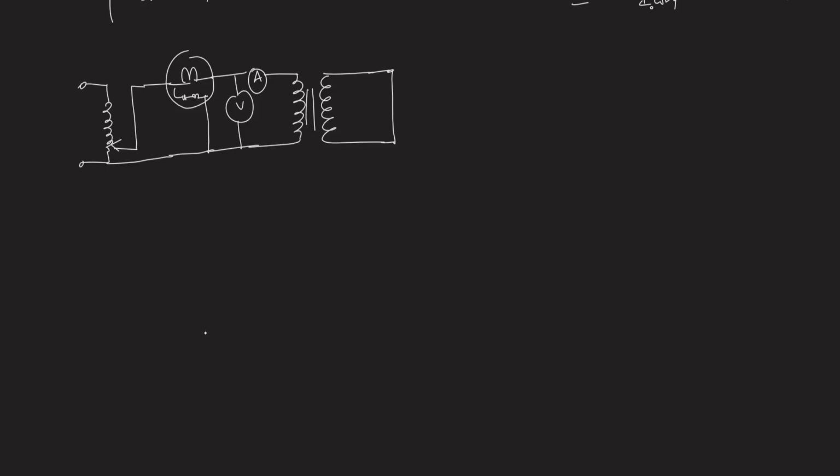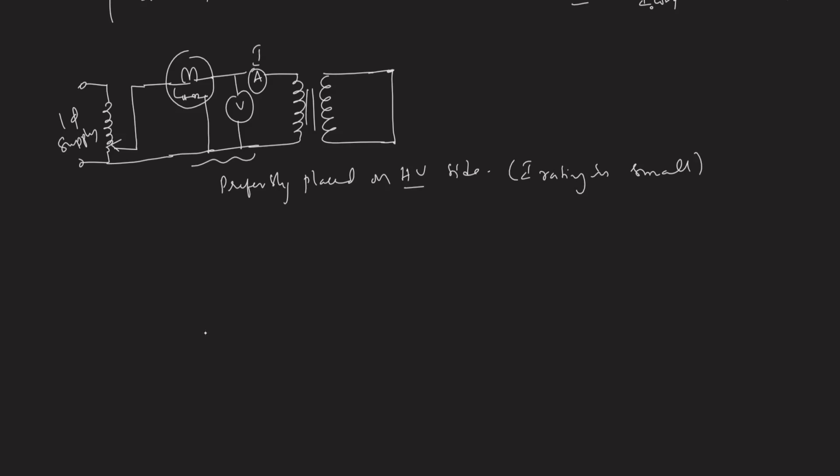Now these meters are preferably placed on the HV side, because on the HV side the current rating is small. I need to vary this variac till the ammeter reads the rated current of the HV side.